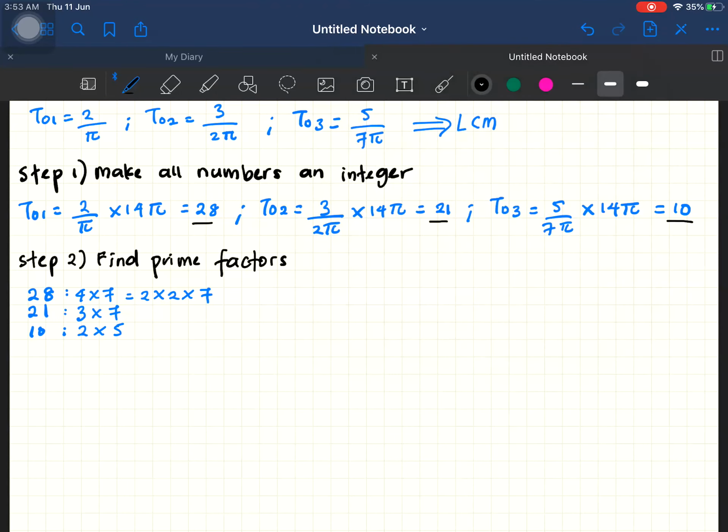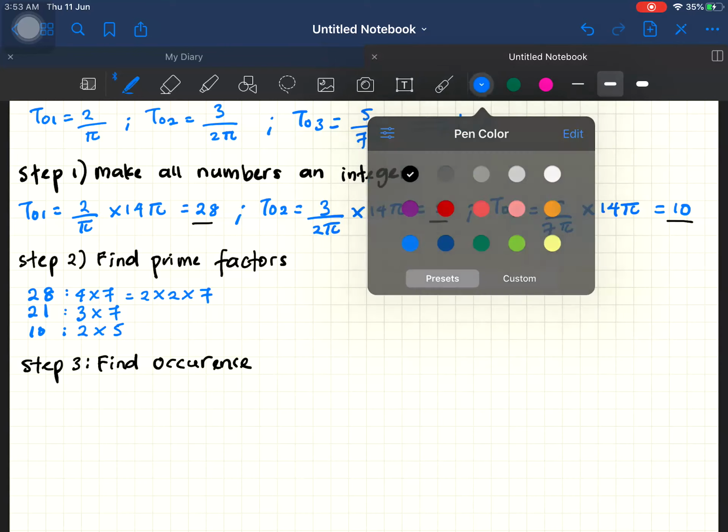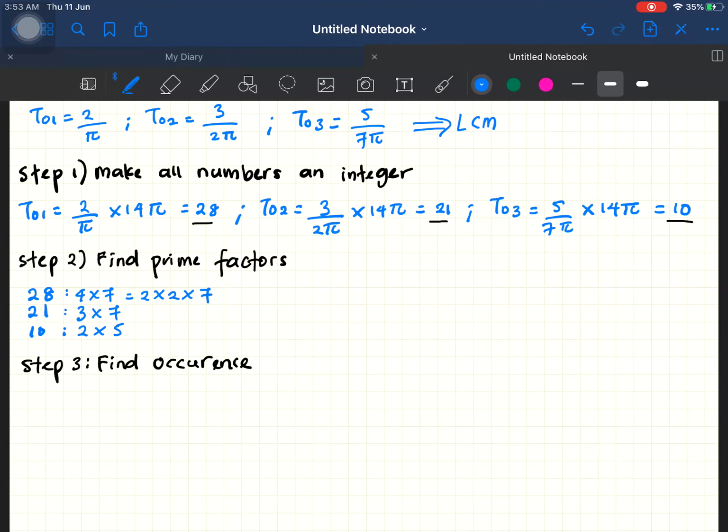Okay. Then the next step is step 3, find the occurrence of each prime factor. Okay. So what numbers do you have? You have number 2, you have number 3, you have number 5, and you have number 7.